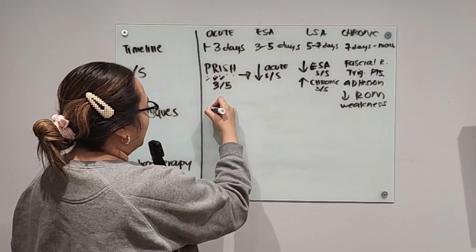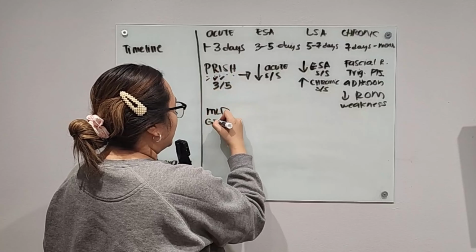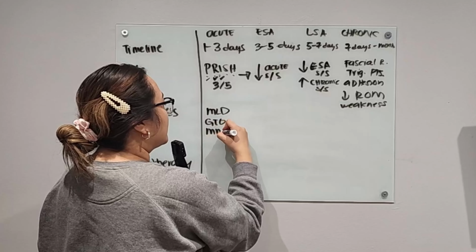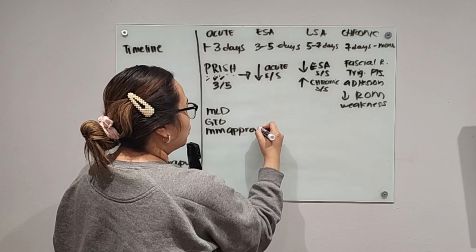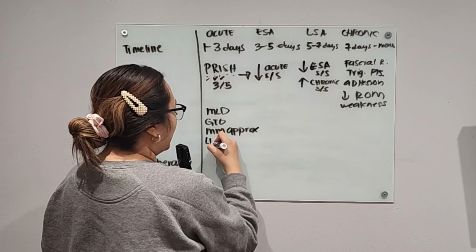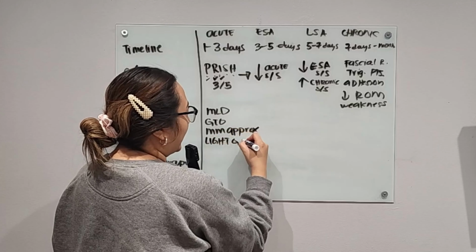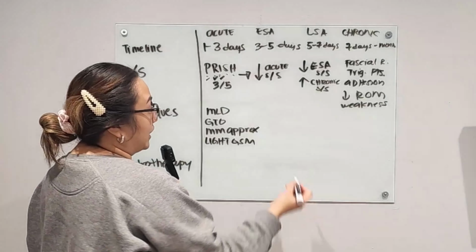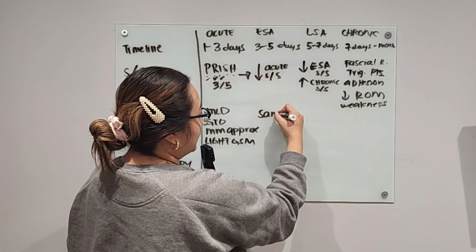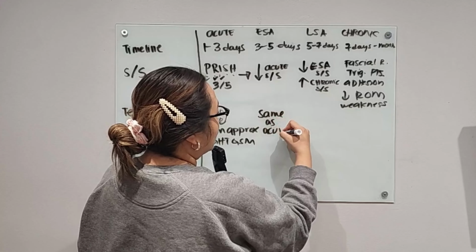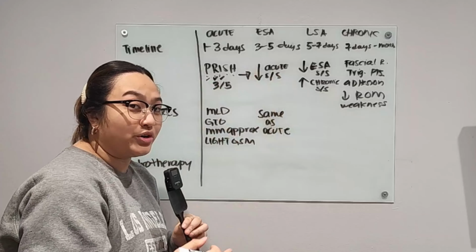Simple. Usually we would do some MLD, GTO for acute, muscle approximation. I'm just going to shortcut it. Muscle approximation, like GSM, right? And treating compensatory areas. And then for ESA, it's the same as acute, because basically you're waiting for the symptoms to go down anyway.